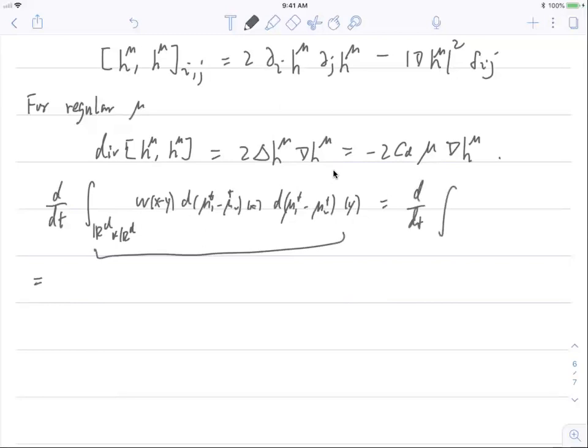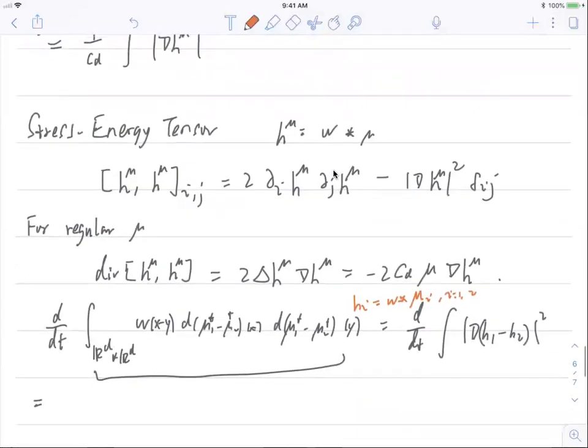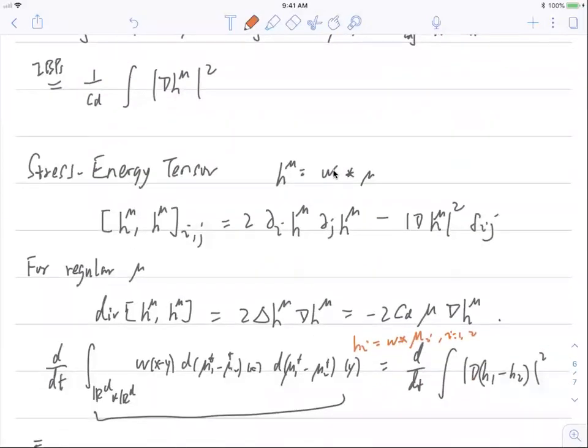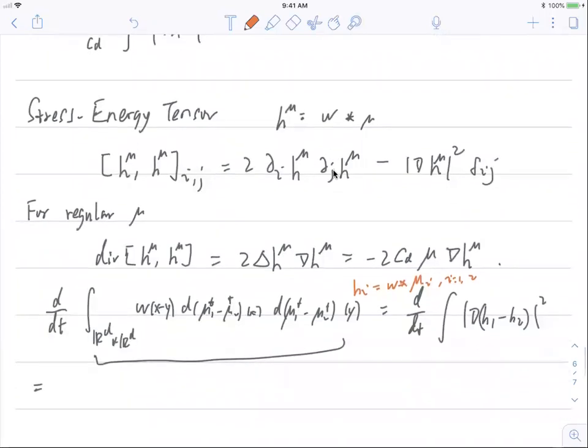It also equals to the gradient of h1 minus h2, squared. Here hi just equals to omega convolved with mu i, for i equals 1, 2. This is just the previous representation. It's exactly the same, or not exactly the same, there's a factor 1 over CD there.